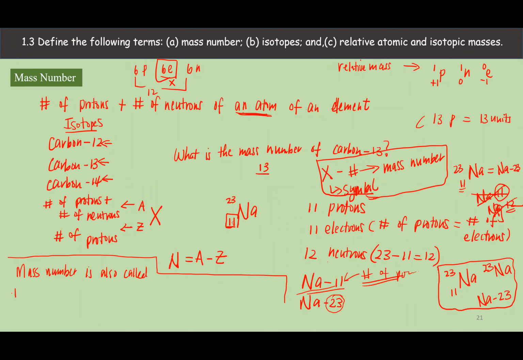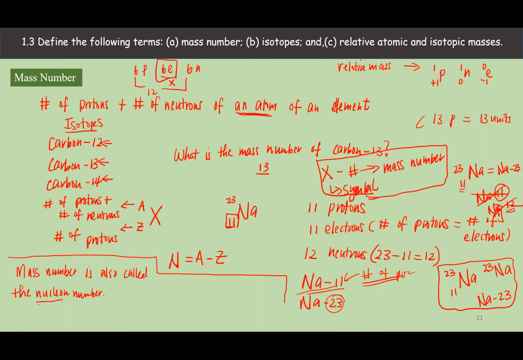the nucleon number. Do you know why? Because of the combination of the proton and neutron, and the proton and neutron are found in the nucleus. Absolutely correct.